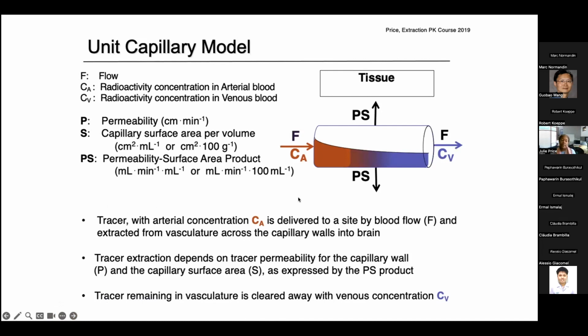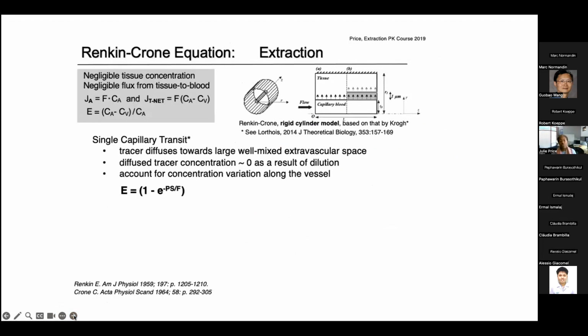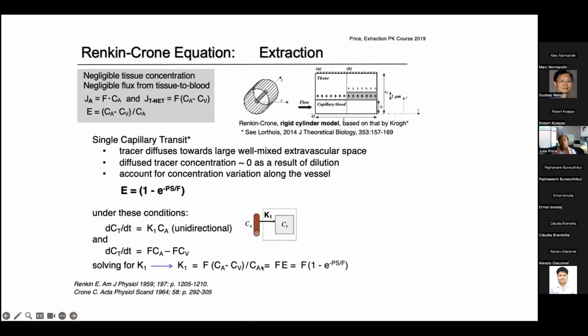This is just a unit capillary model that we're familiar with. Arterial blood enters with arterial concentration, exits with venous concentration, and the arteriovenous concentration difference is what is used to determine a net flux. We use a Renkin-Crone model to account for the fact that tracer diffuses, although well mixed in an extravascular space, there is a concentration variation along the vessel.